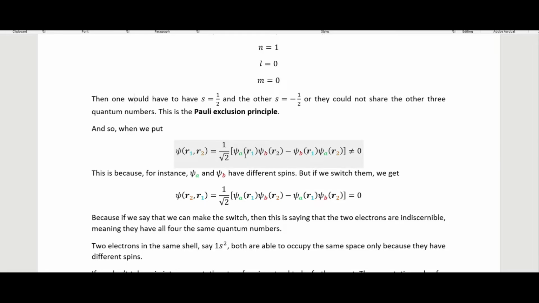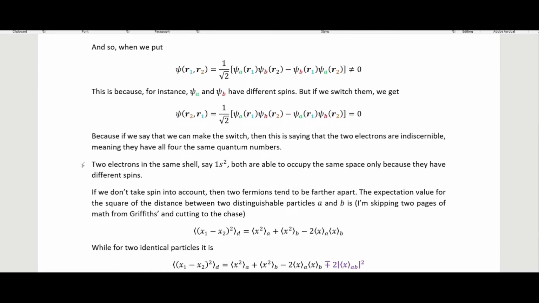So we're essentially saying that the spin is accounted for in these wave functions here. But if we switch them, then we get this, which is equal to 0. Because if we say that we could make the switch, then it's saying that the two electrons are indiscernible, meaning that they have all four of the same quantum numbers. So two electrons in the same shell, the 1s2 shell, which is the ground state shell.